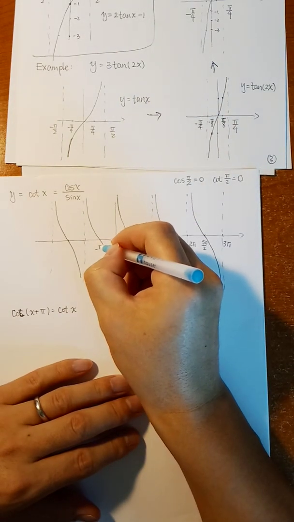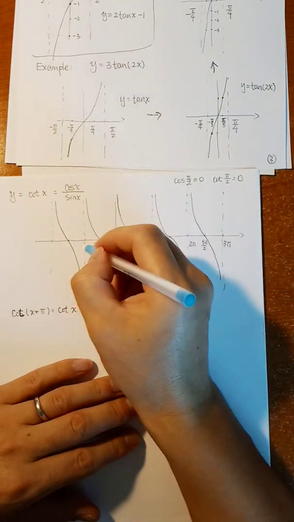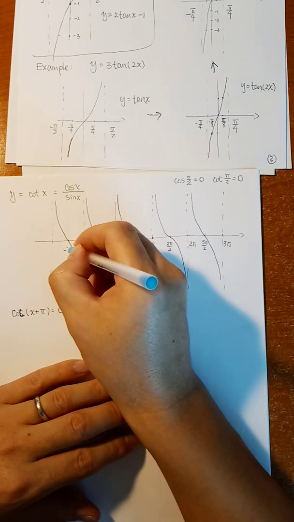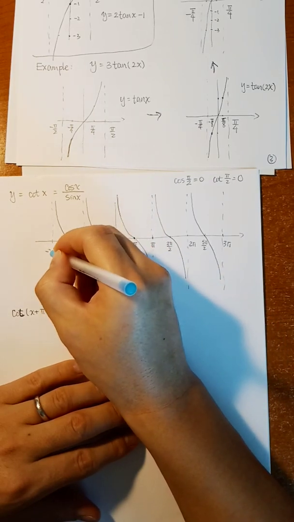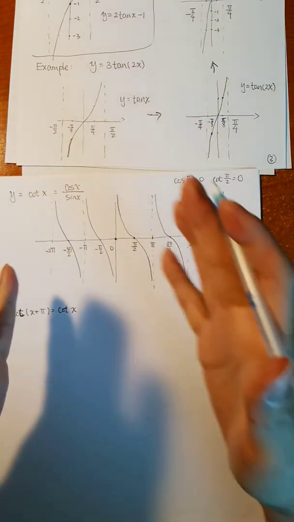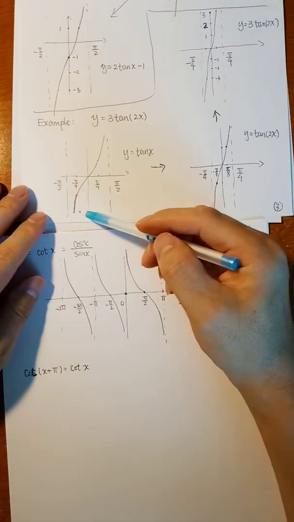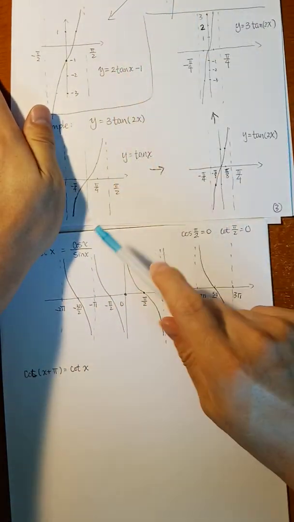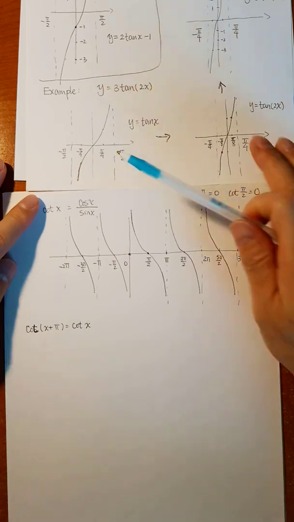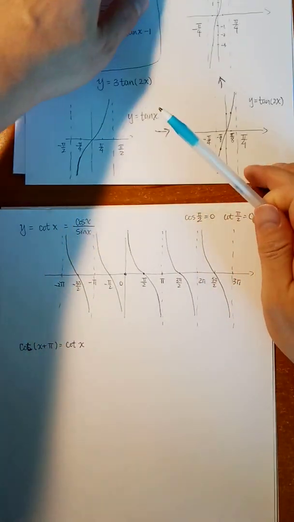It's negative pi over 2, and negative pi, negative 3 pi over 2, negative 2 pi. Okay, so it's different from the tangent. Tangent, for one piece, is an increasing function. Cotangent, for each piece, is a decreasing function. Okay, they are different.